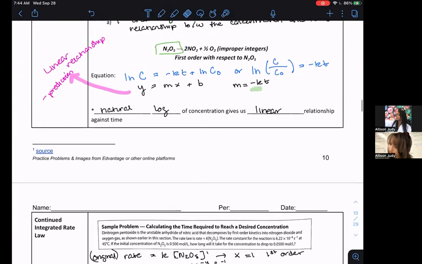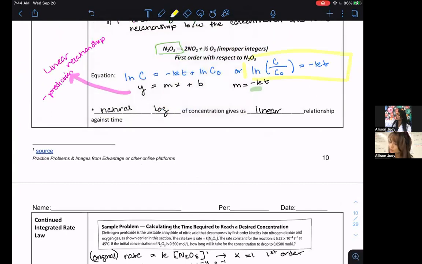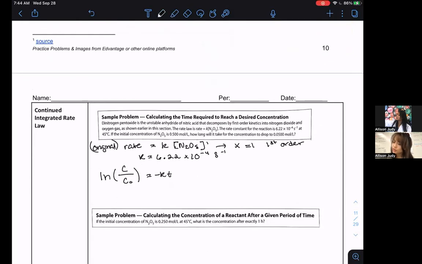I'm using this equation because it's simpler and neater overall. It allows me to immediately isolate negative KT, my slope. So now I simply plug and chug.